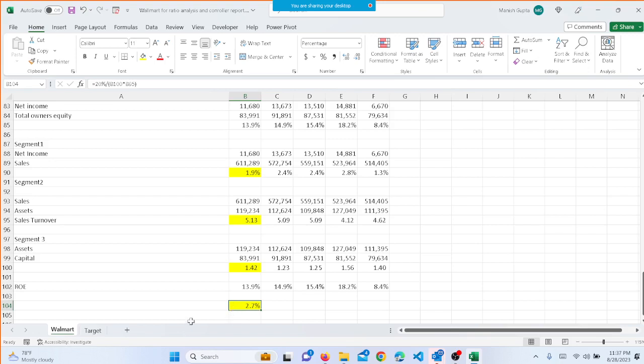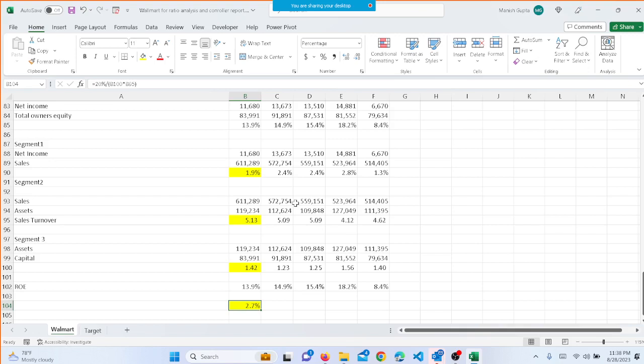Now the income also is divided into multiple sources. Net income is a part of tax. Net income is a part of interest. Net income is a part of depreciation. Net income is a part of operating income. So we can further divide this ratio of 1.9% into the tax burden, the company's interest burden, and the company's operating performance.